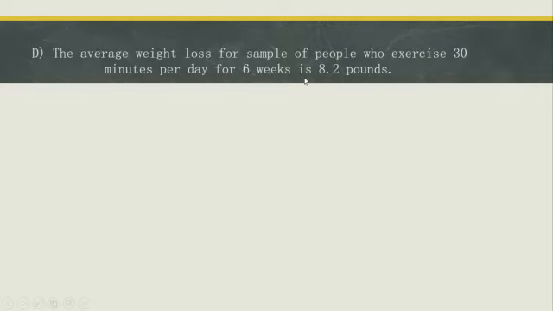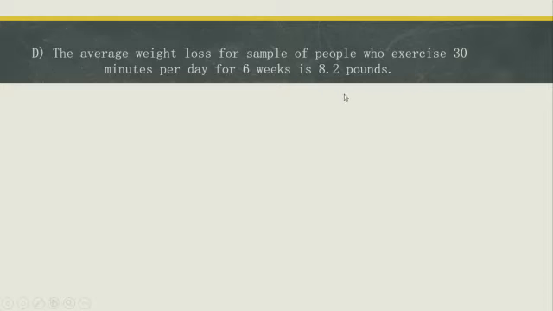So ito pong is nagre-represent po siya ng equal because the average weight loss for a sample of people who exercise 30 minutes per day for 6 weeks equals 8.2 pounds. So ito po ang 8.2 pounds.